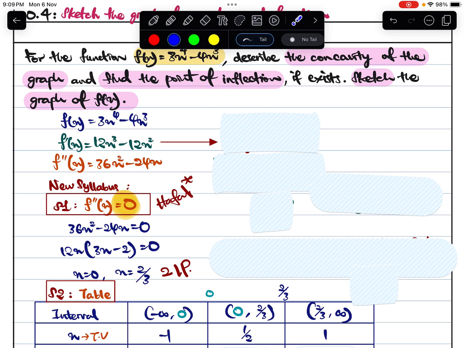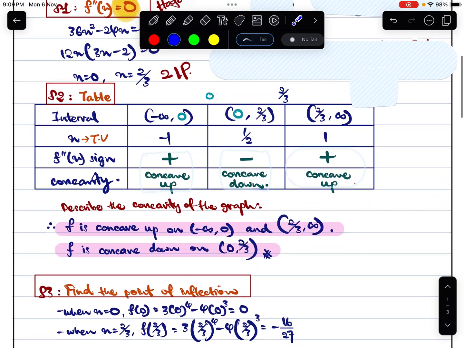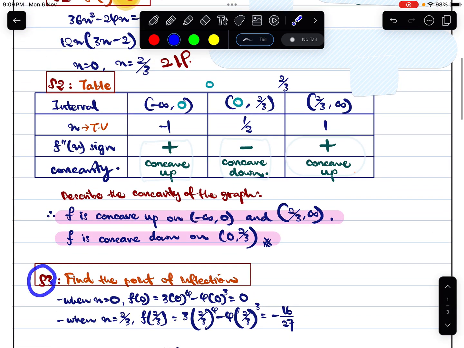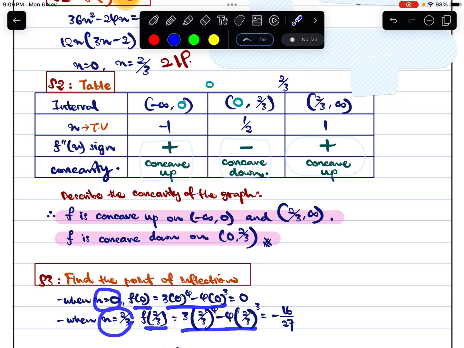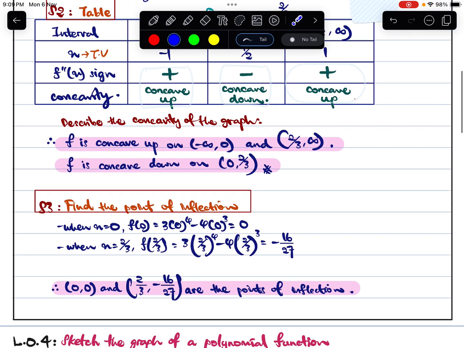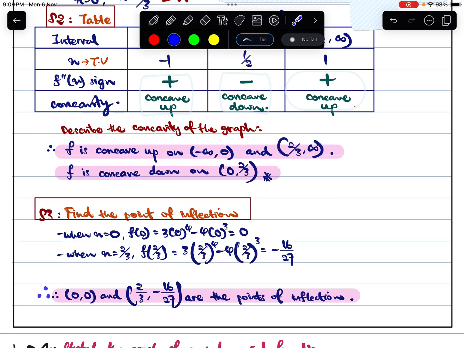Now finding the next goal, which is the point of inflection. So the third step is finding the point of inflection, where you just sub in these 2 values of x into its function, the quartic function. You have sub it in and you will get the y coordinate. Okay, you know that this is the y coordinate, right? And then you just make a conclusion.